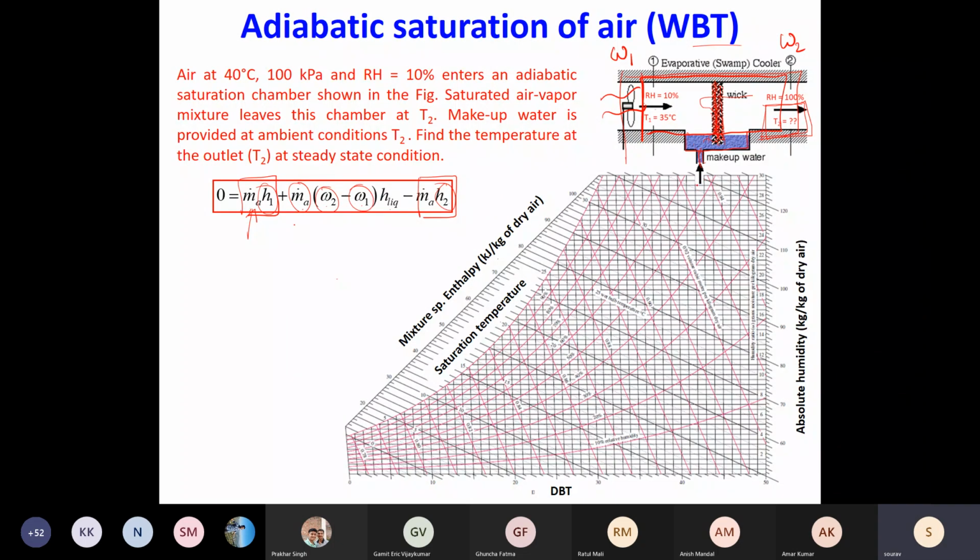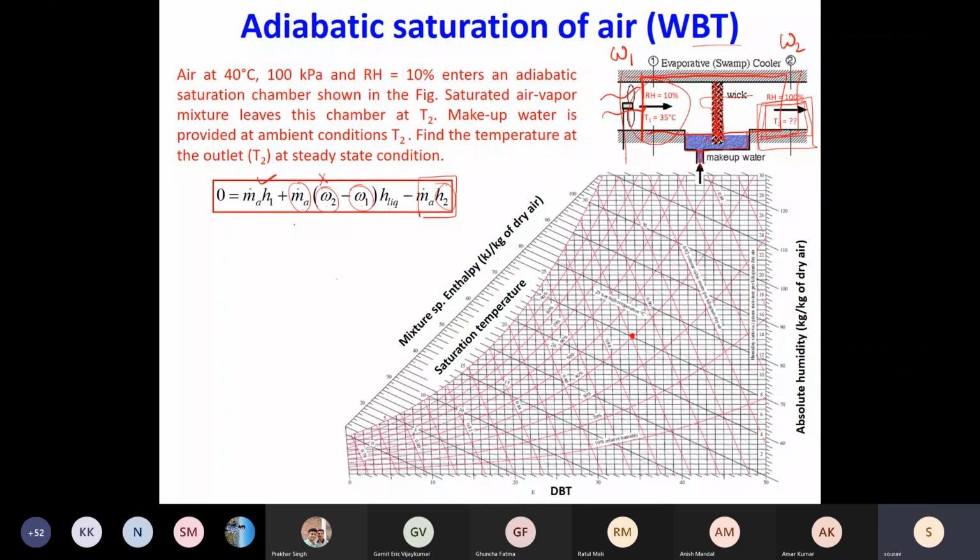Now you see in this expression, you know h1, the incoming condition will be given. You do not know the temperature at the exit because that is what the wet bulb temperature is, unknown. So hence you do not know omega 2 also. If you started off from here, you are moving somewhat like this.